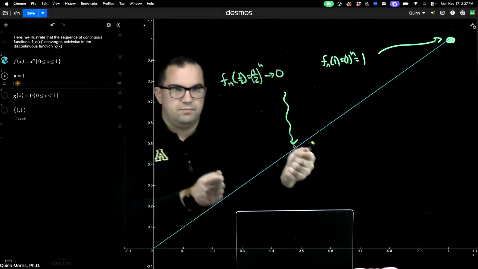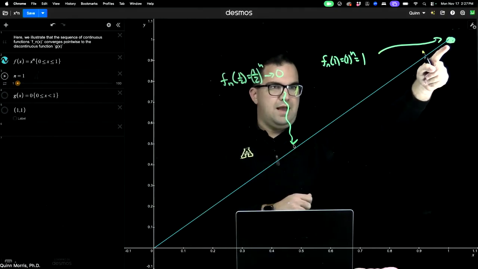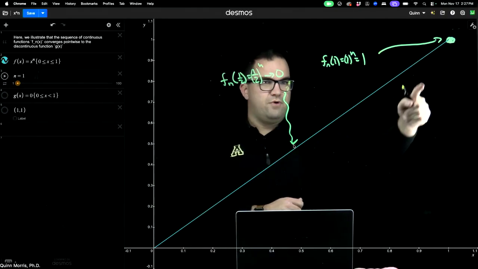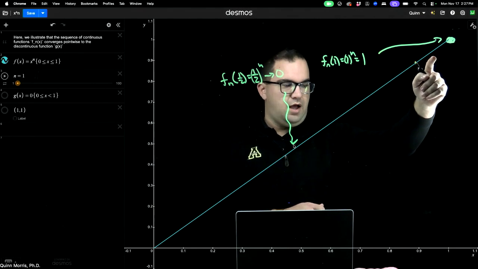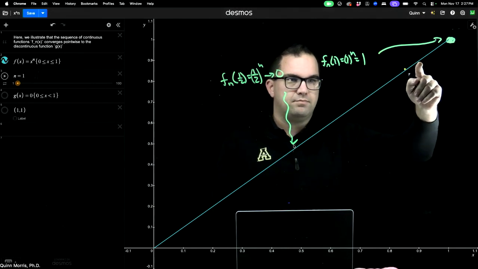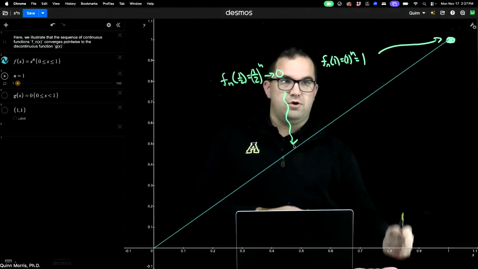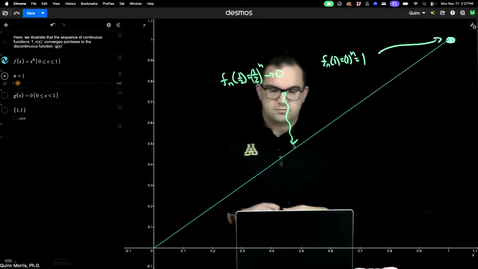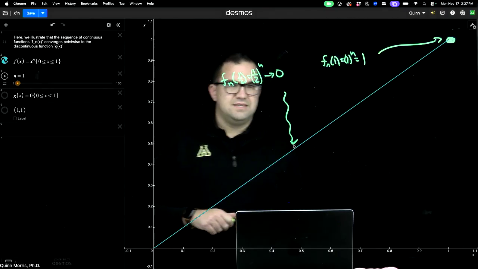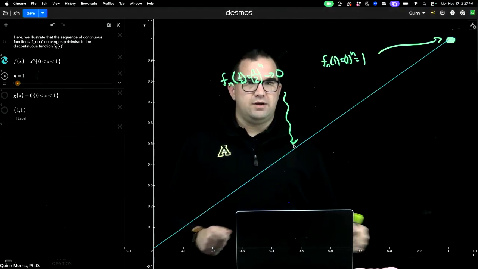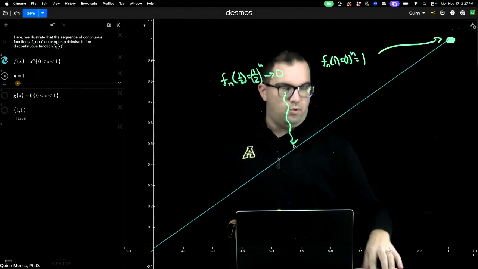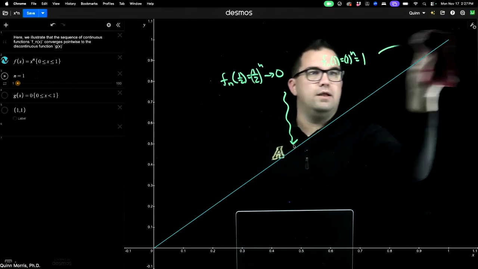So these points are being dragged down to 0, but this point at 1 is just stuck. For every other point, if I were to pick 0.99, or anything smaller than 1, and raise it to the nth power, those points are all being dragged down. So everything is being dragged down to 0 except for this point right up here at 1.